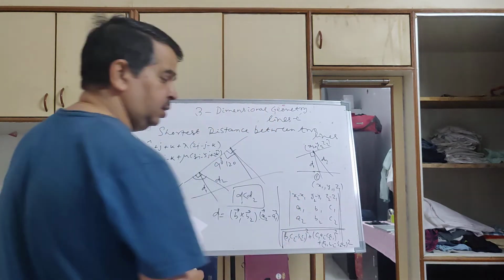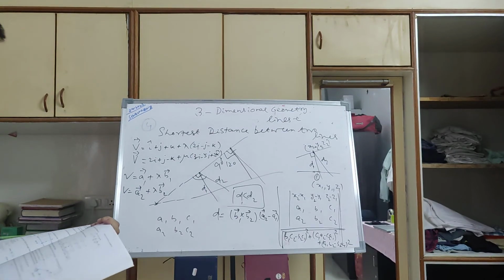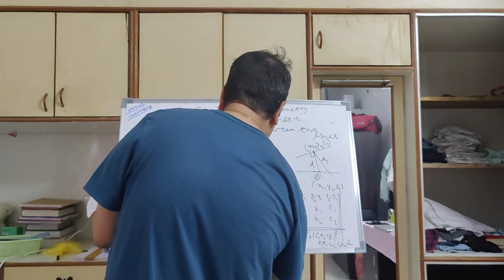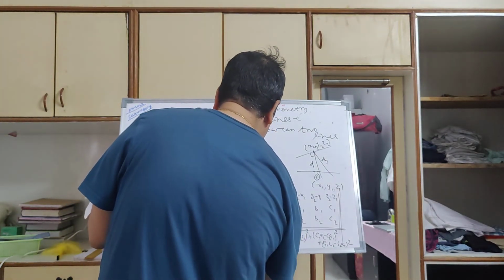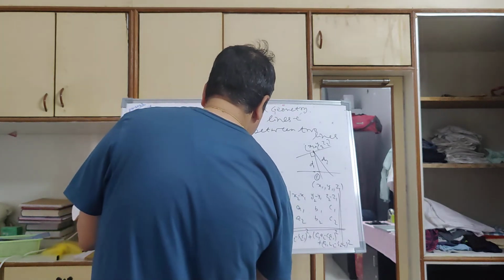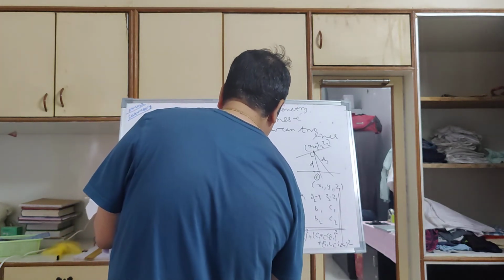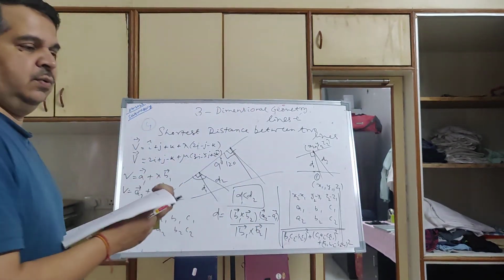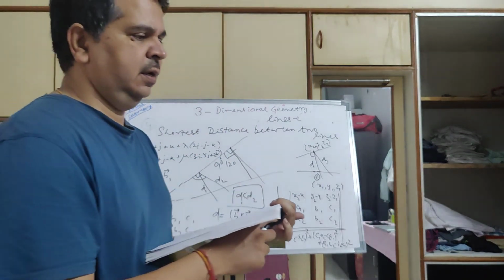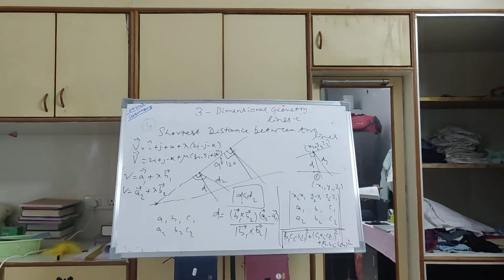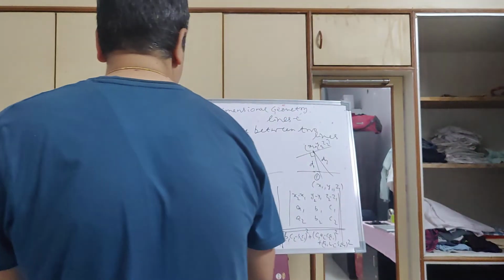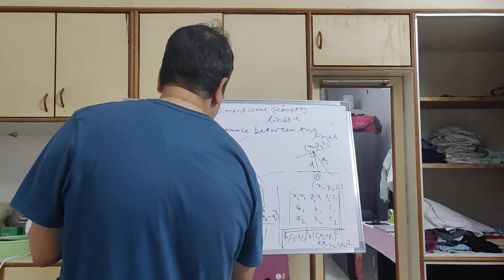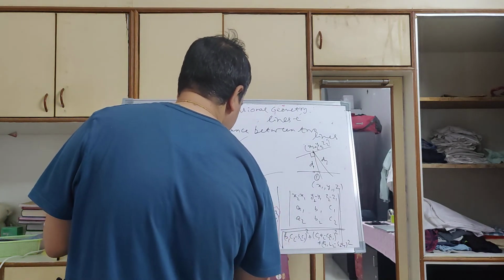This is the dot product of these two vectors, divided by the magnitude of b1 vector cross b2 vector. So this equation is also important. Okay, so this equation is also very important. Sometimes they may not ask in this form, sometimes they may ask in this form.